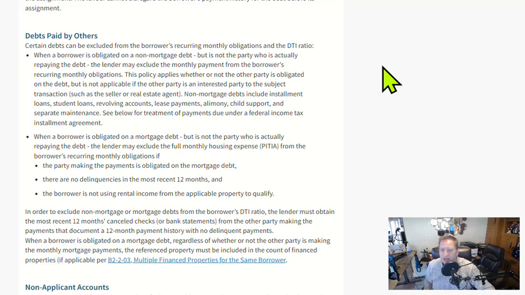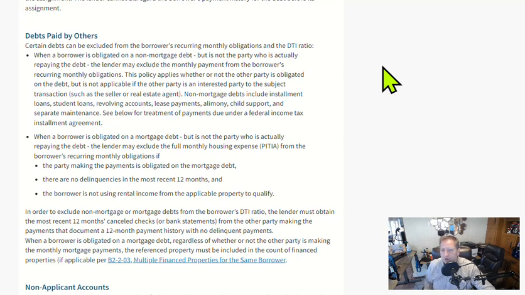This policy applies whether or not the other party is obligated on the debt, but is not applicable if the other party is an interested party to the subject transaction, such as the seller or real estate agent. Non-mortgage debts include installment loans, student loans, revolving accounts, lease payments, alimony, child support, and separate maintenance. See below for a treatment of payments due under a federal income tax installment agreement.